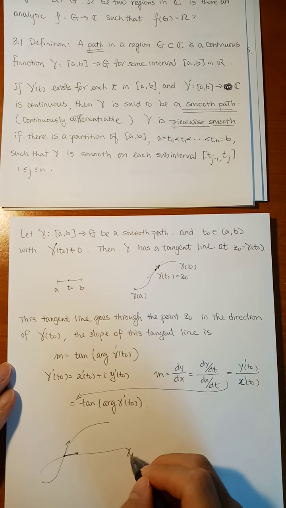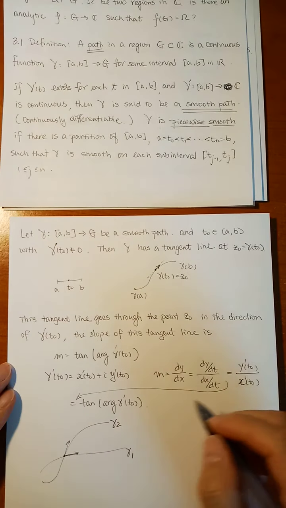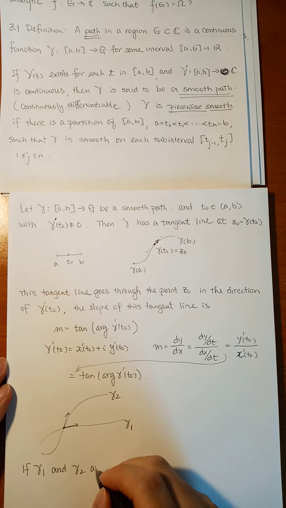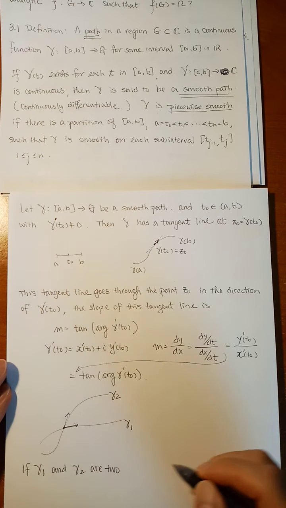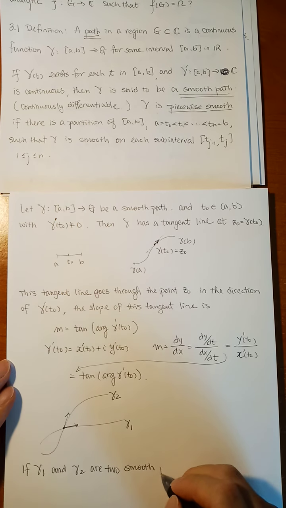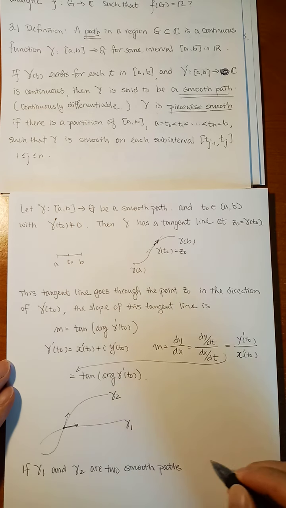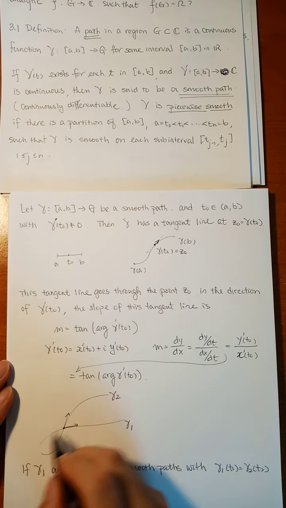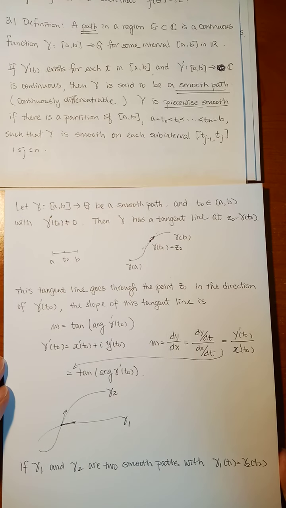This one is gamma 1, this is gamma 2, and we say if gamma 1 and gamma 2 are two smooth paths with gamma 1 of T1 equal to gamma 2 of T2.